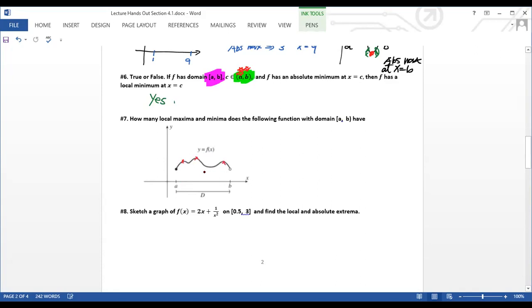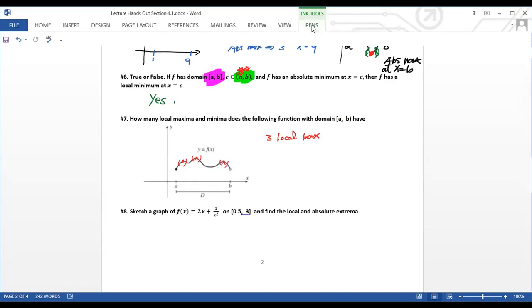Those are the 3 local max. Why? Because I can find a small interval around it, and that one is the largest number.